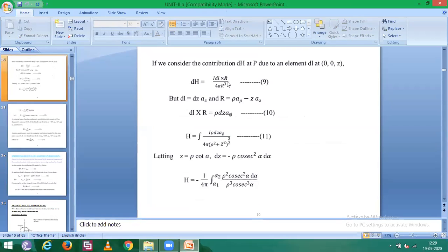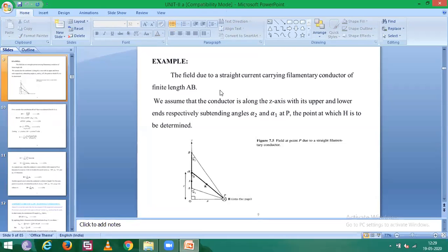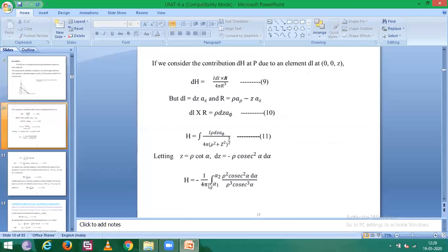IdL cross R divided by 4 pi R cube, where R is the distance joining the current element IdL and distant point P, which can be written as R bar, and the magnitude of R bar is R. So we have dH equals IdL cross R divided by 4 pi R cube.